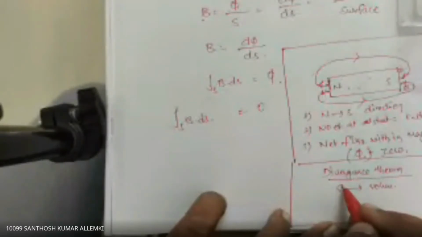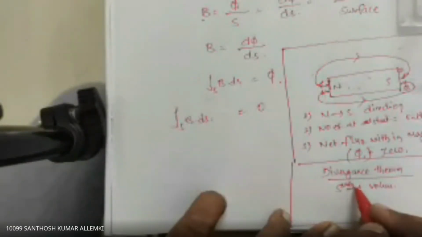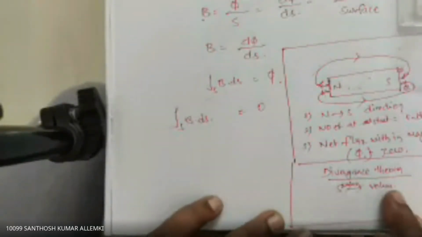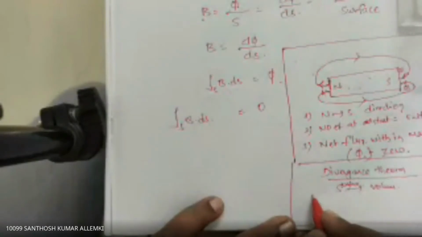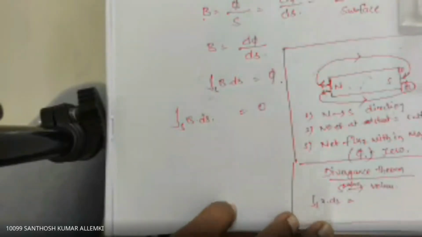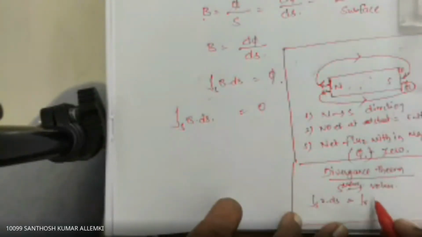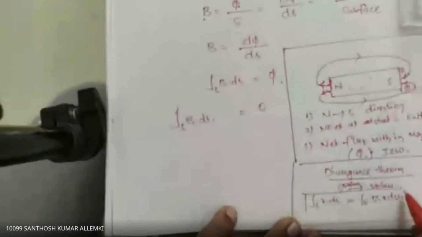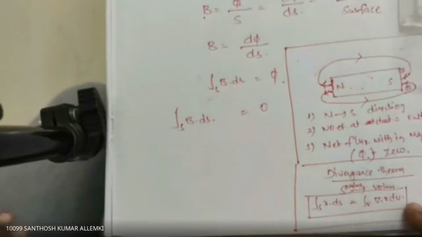We can convert an integration from surface to volume, then we can use the divergence theorem. So if we have the surface integral of some X dot ds, it is equal to the volume integral of del dot X with dv. This is the statement.